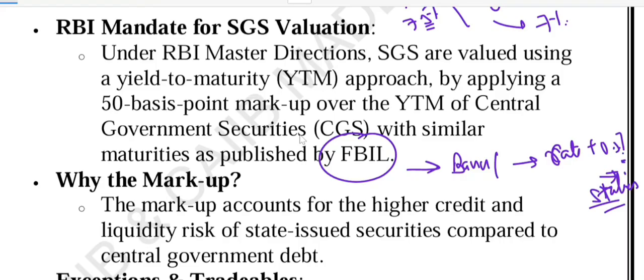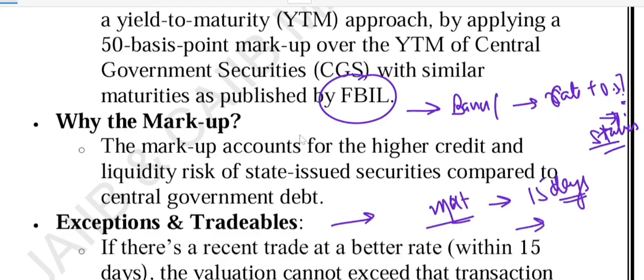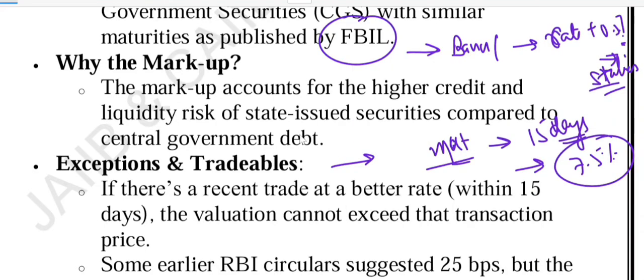But there are some exceptions. What are the exceptions? Suppose a state government bond was traded in the market within 15 days. In that case, its actual trade price overrides the 7.5%. Let me give you one example. Take the case of Tamil Nadu.